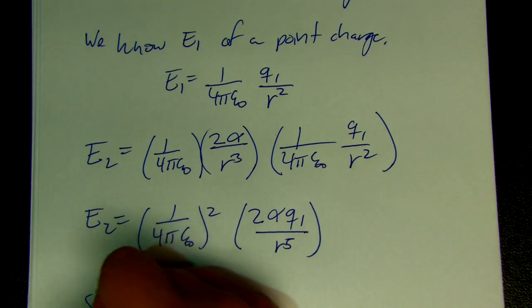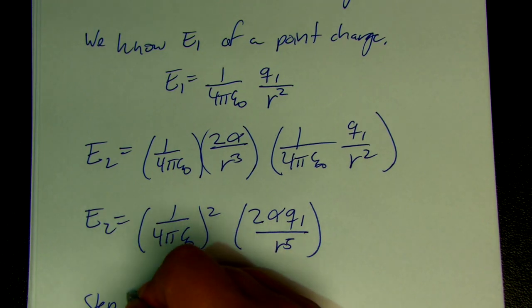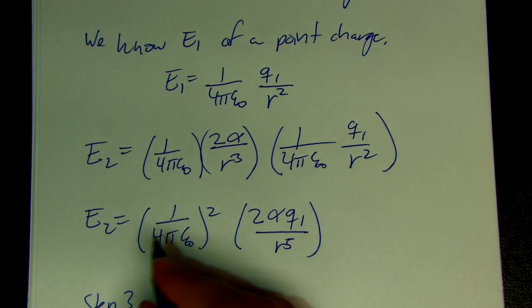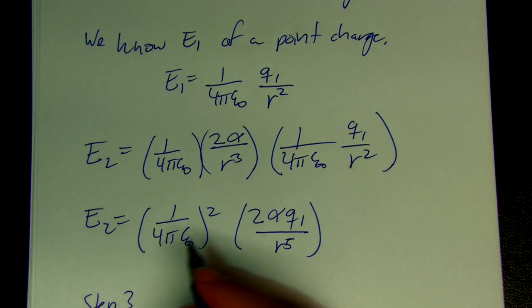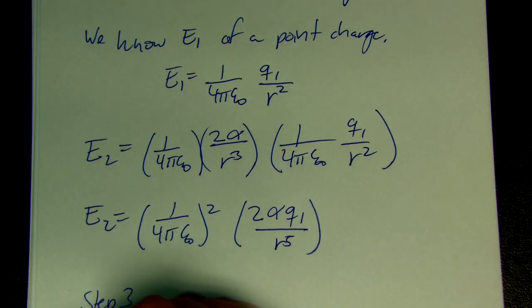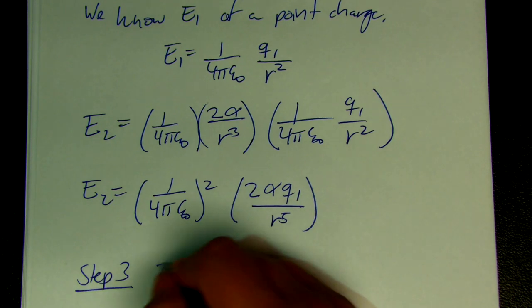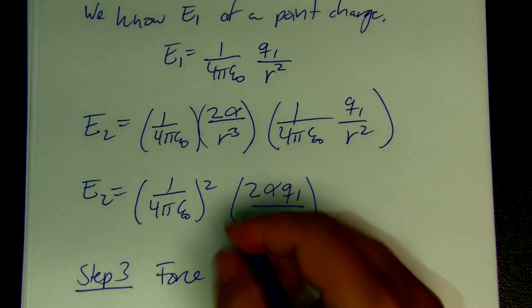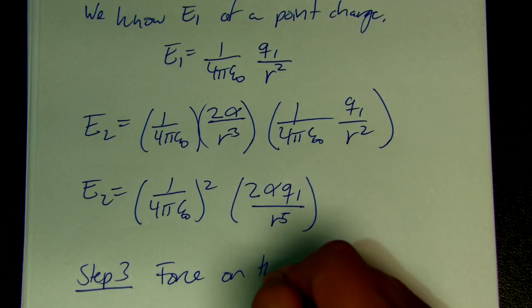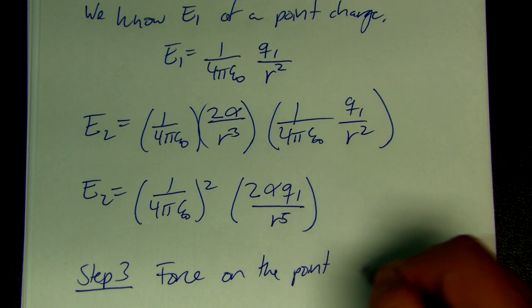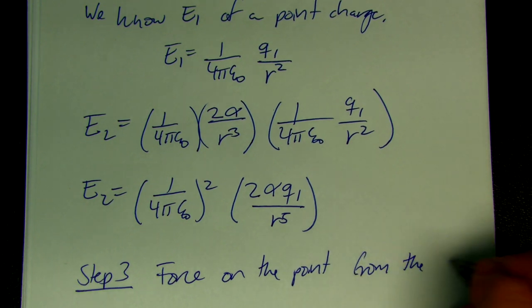So the next step, now that we have the electric field, is to start going after the force. So what is that force on the point charge from the dipole?